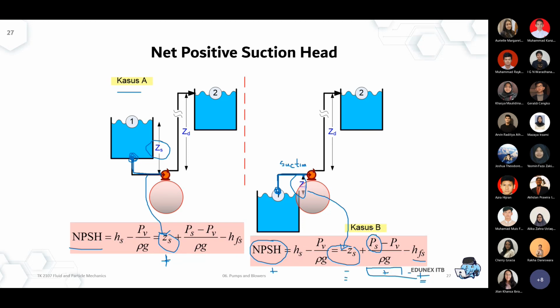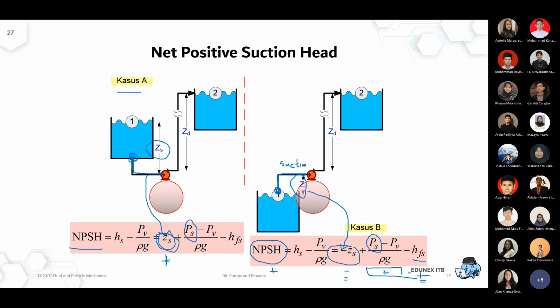In the same fluid system, where the only difference is the location of the pump, in case A maybe you can avoid cavitation with a relatively smaller source pressure, because your elevation actually helps you to prevent any cavitation.